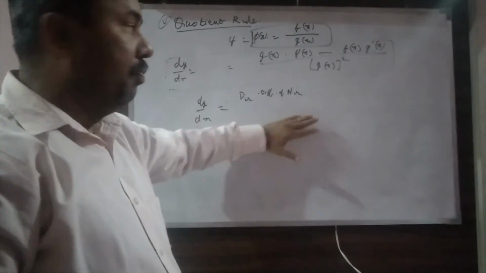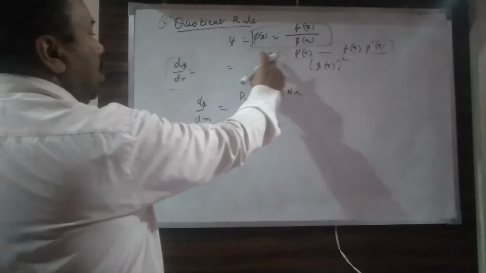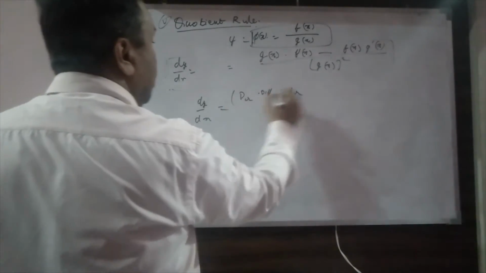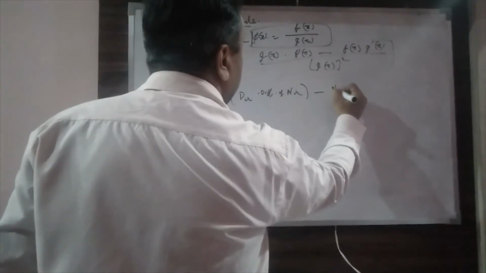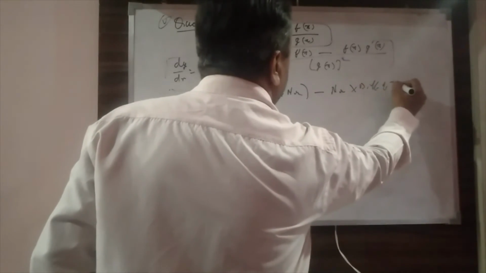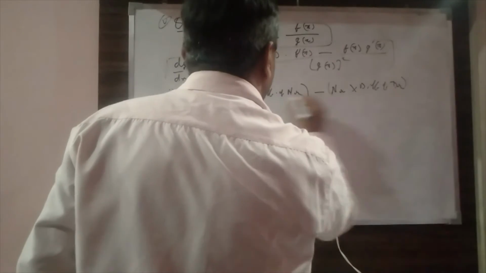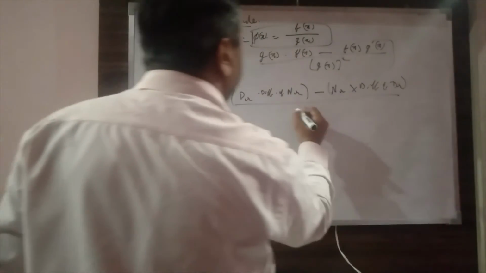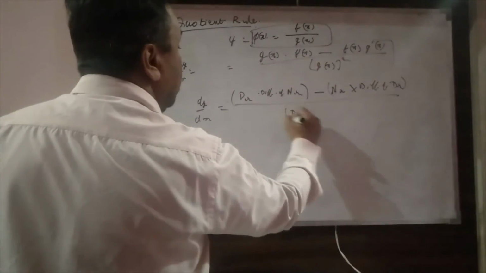Okay, first denominator multiplied by differentiation of numerator, and minus numerator multiplied by differentiation of denominator. Okay, and then total is divided by denominator square.